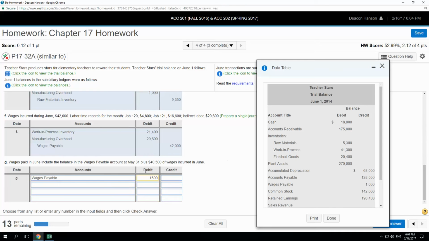And then it says we're also going to incur another 40,500. So let me think about this. We may have to just lump the two together because that 40,500 may be sitting in this 42,000. Just think about it a minute here.